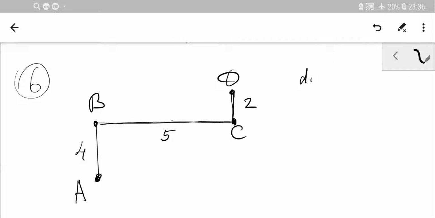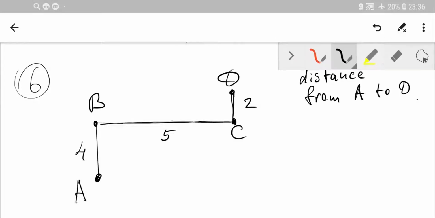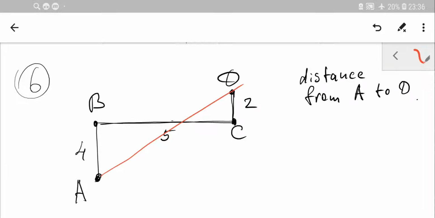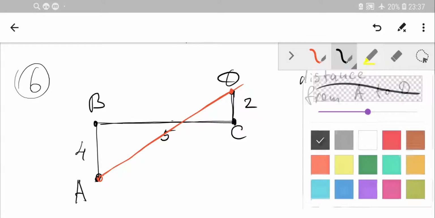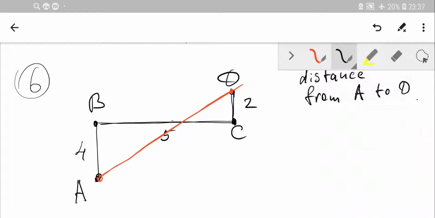Okay, so distance from A to D. All right, in order to find the distance, I marked that here as the shortest route, right, from A to D. I mark it as AD, and I also mark it as unknown.